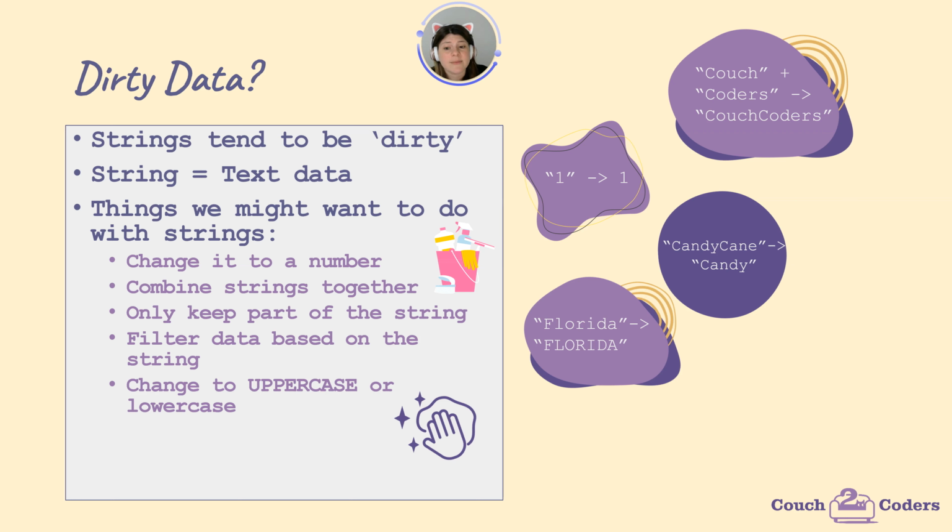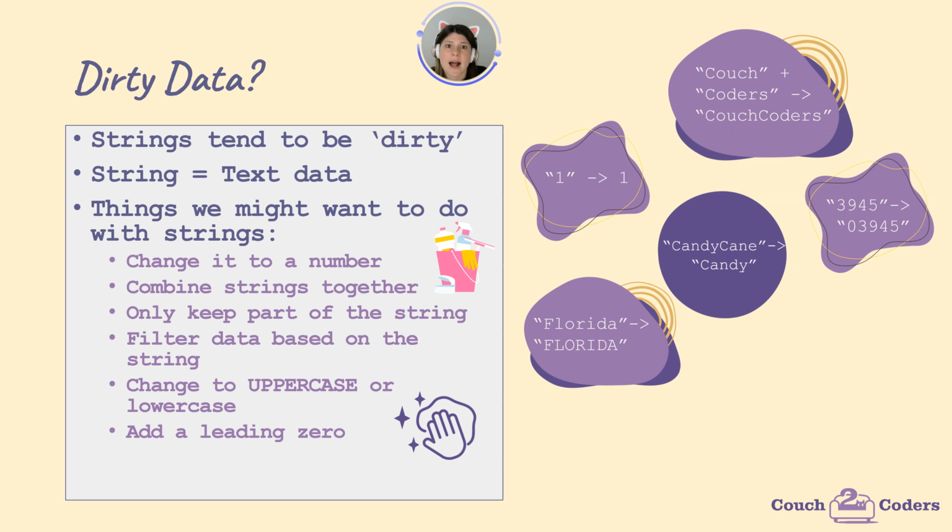We might want to change something from uppercase to lowercase. So this goes in with the previous point. Maybe I want to search for Florida, but I know that some people do it uppercase and lowercase and all in between. And so I say, I want to make this whole column all uppercase just to make it uniform and I don't have to worry about that.